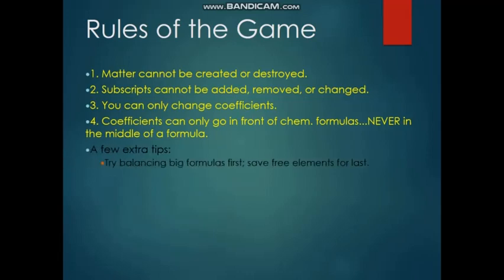We have these tips: balance big formulas first and save free elements for last, because they are easier to multiply by any number. If the polyatomic ion appears on both sides of the equation, it's usually okay to treat it as one unit.